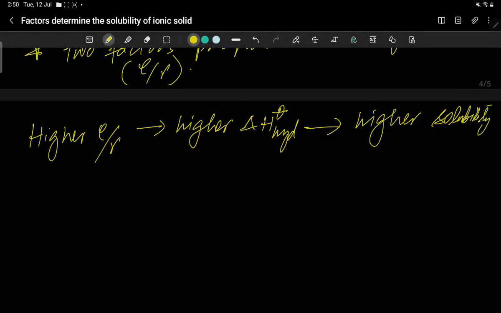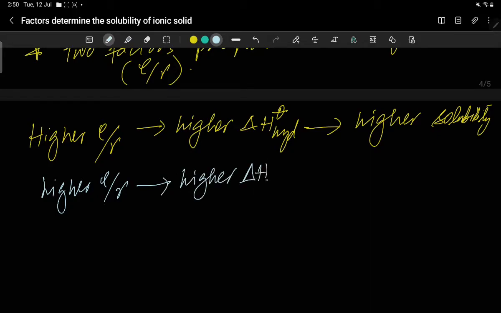If we compare with lattice energy, as we have discussed earlier, the higher the charge density, the higher the lattice energy, and the lower the solubility.